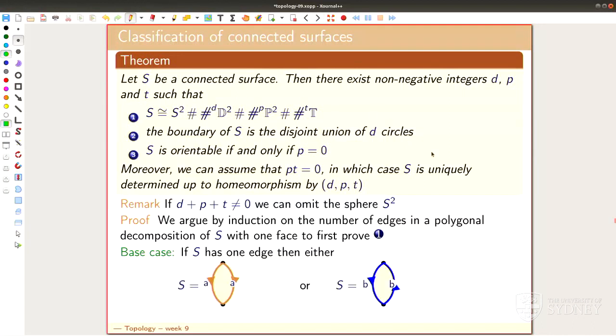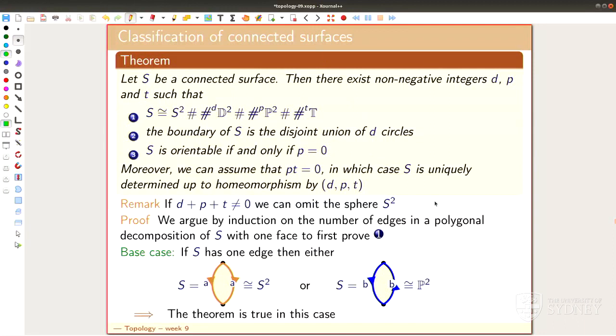Well, since there's one edge, it's this one here, or this one here. Right? So AA in the opposite direction, or in the same direction, or I call it BB in the same direction. And we already know what these guys are. So the first one should remind you of a sphere.